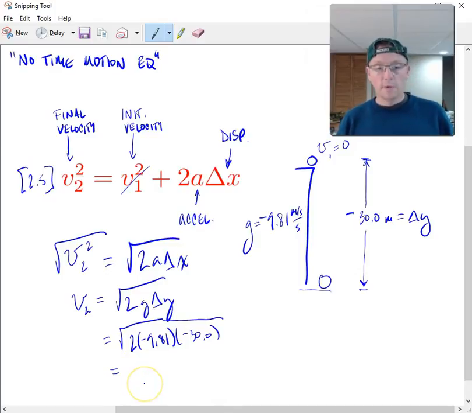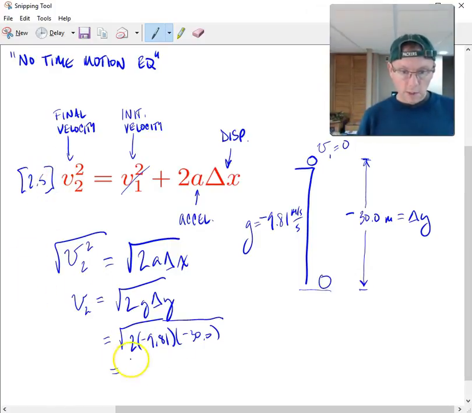And then I'm going to do this not in my head, because it is too hard for me on a Sunday afternoon. Times 9.81. And then the square root of that gives us a speed of 24.261 meters per second.